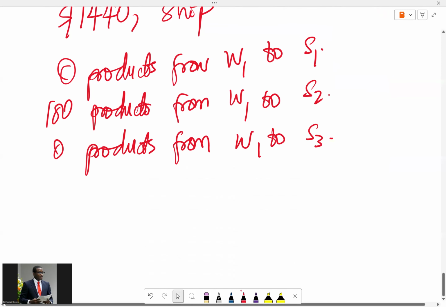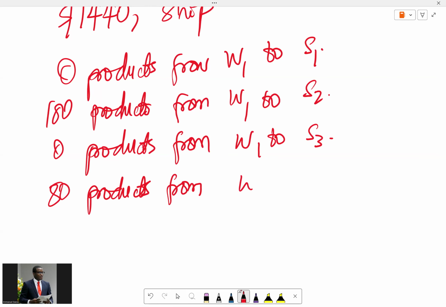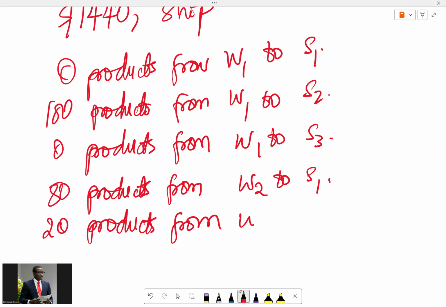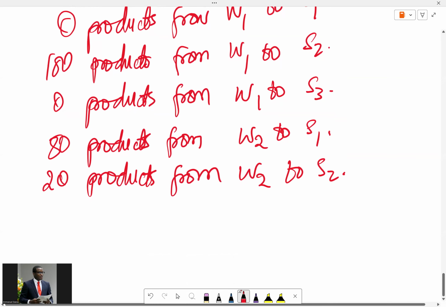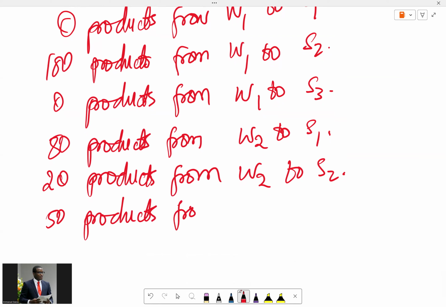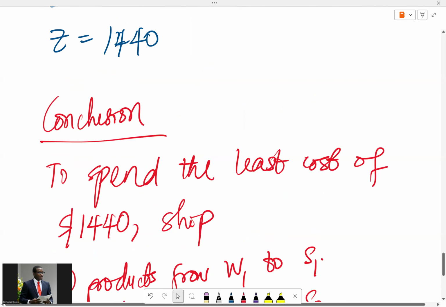Then ship 80 products from warehouse two to store one. Then ship 20 products from warehouse two to store two. And ship 50 products from warehouse two to store three. And that is the optimal solution in this case.